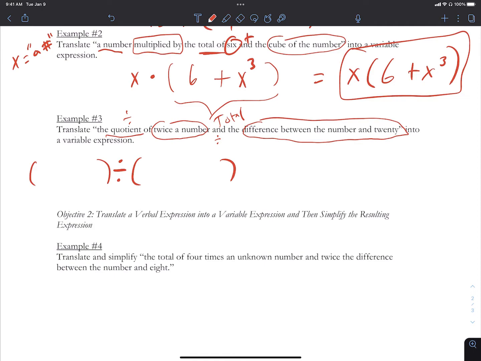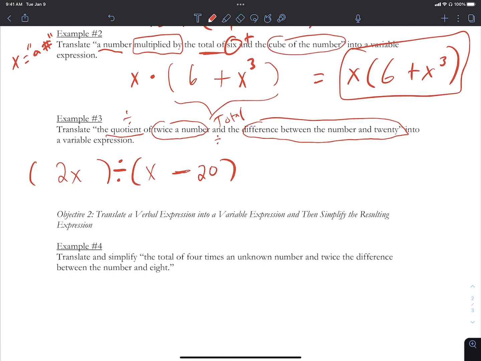So twice a number would be 2x. And the difference between tells me I'm subtracting, right? So the difference between the number and 20, that would be x minus 20. So if you refer back to that chart, when you are told the difference between, you keep the same order in that case. So we have 2x divided by x minus 20, right?